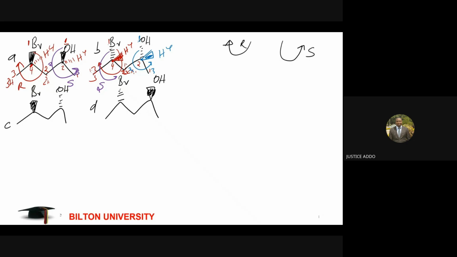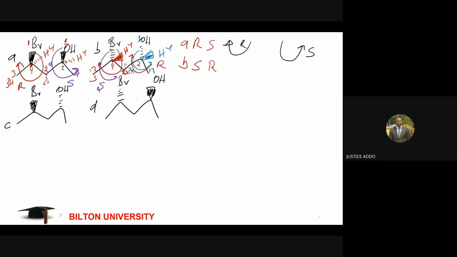So we need to change our route, and therefore instead of S, we are going to have R. So in B now we have our S and R configuration, and in our A we have R and S configuration. Let's look at what is happening in C.